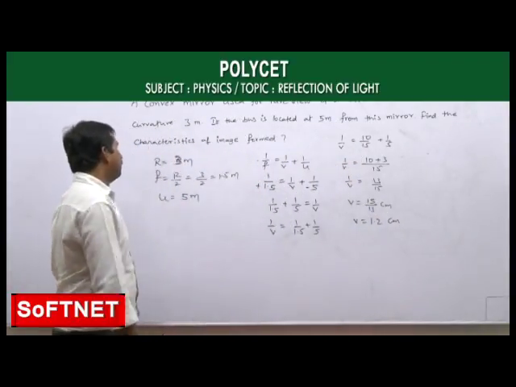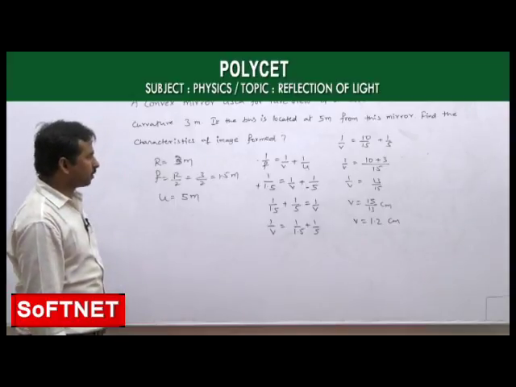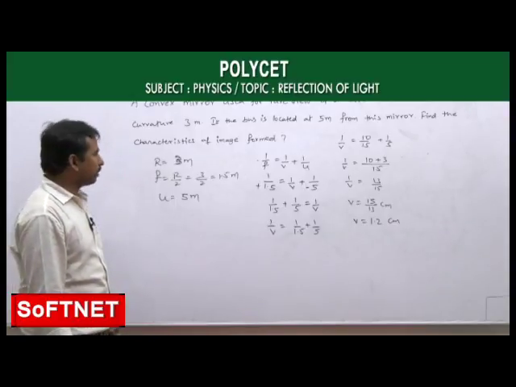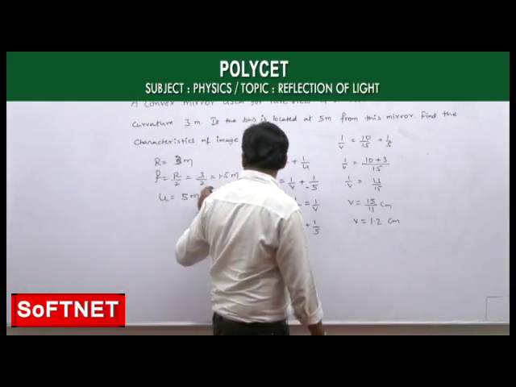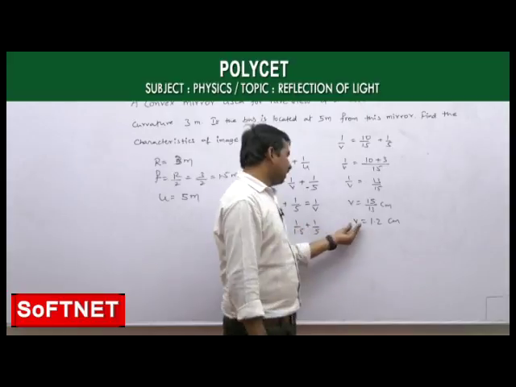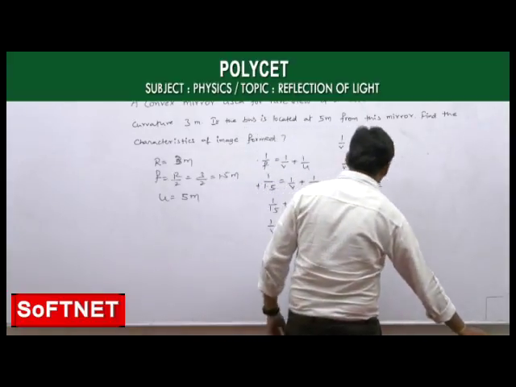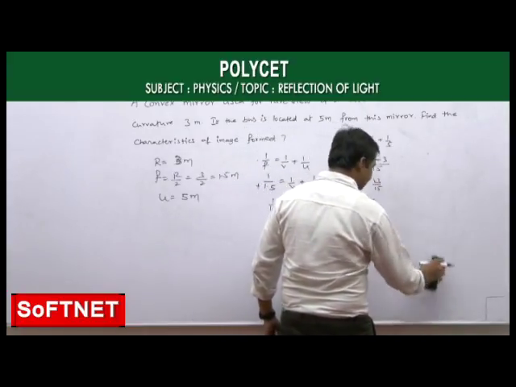Here they are asking to find the characteristics of the image formed. The object distance is given as 5 meters, and we are getting the image distance as 1.2 meters.